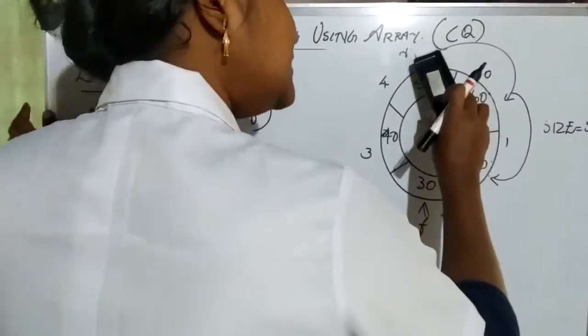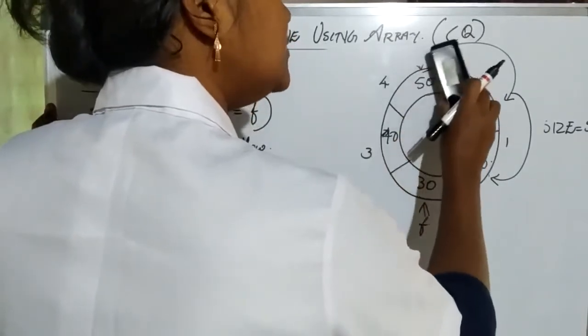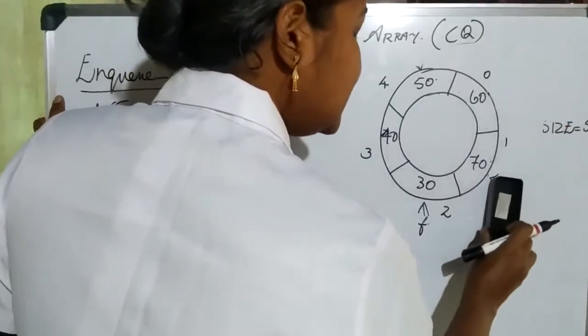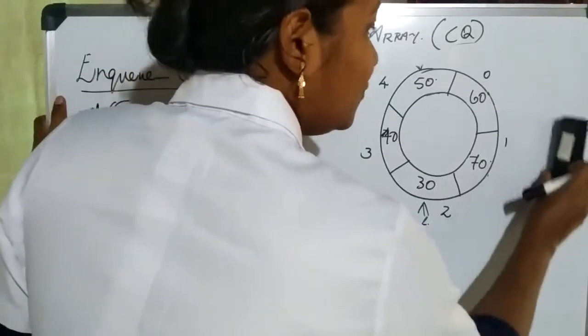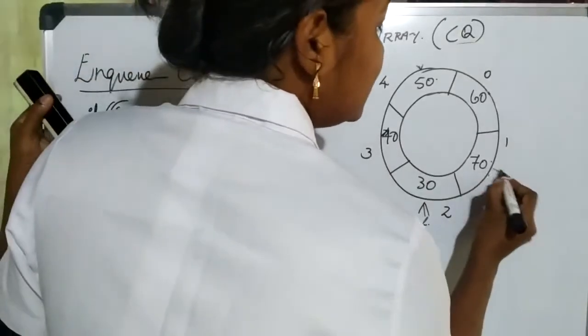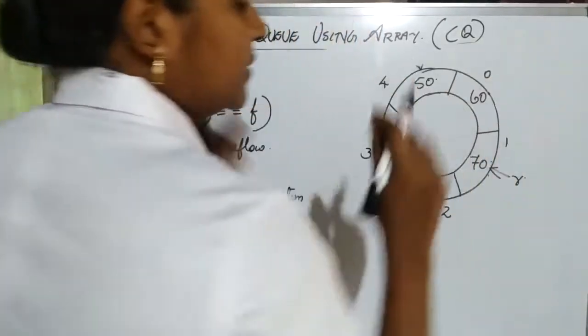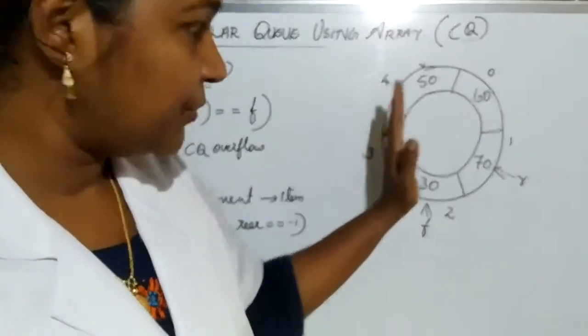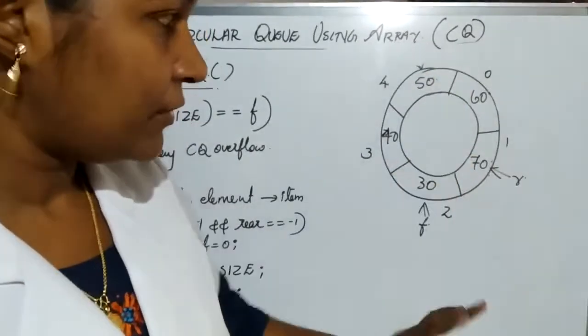So in this case, again the queue is full, right? Why I am taking this case is I want to make you familiar with different cases where the CQ is full. So in this case, this is a full queue, CQ full case, queue overflow.